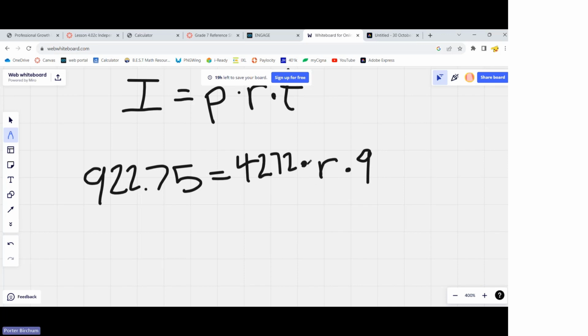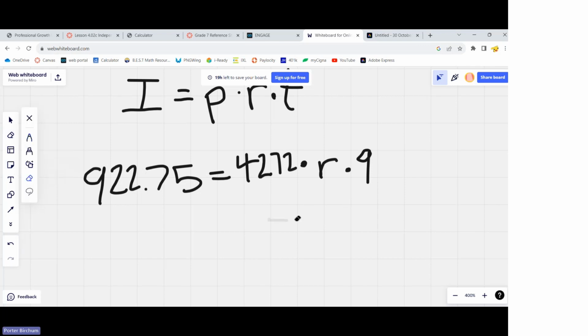Okay, let's solve this formula. There's a couple different paths we can take with this. I'm going to take one of these paths, and for the next problem, I'm going to solve it with the other path. So I'm going to multiply and simplify the right side of this equal sign first. I'm going to do 9 times 4,272.